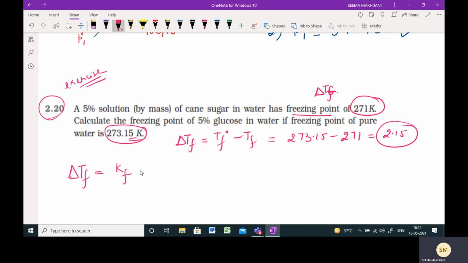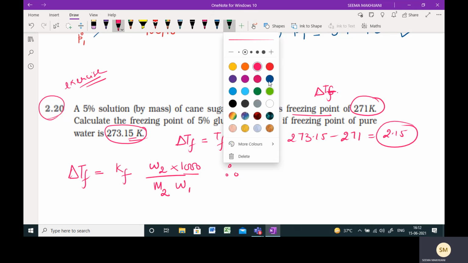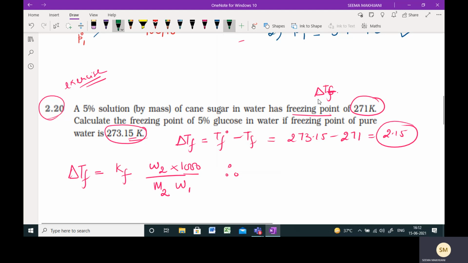I'll open up the molality. What is molality? Weight of the solute divided by molecular mass of the solute, and weight of the solvent is to be taken in kg, so I am putting 1000 here. Therefore, let us substitute the values. Delta TF comes out to be 2.15.